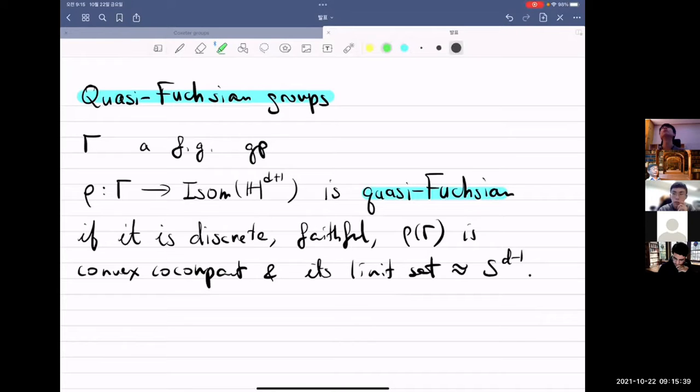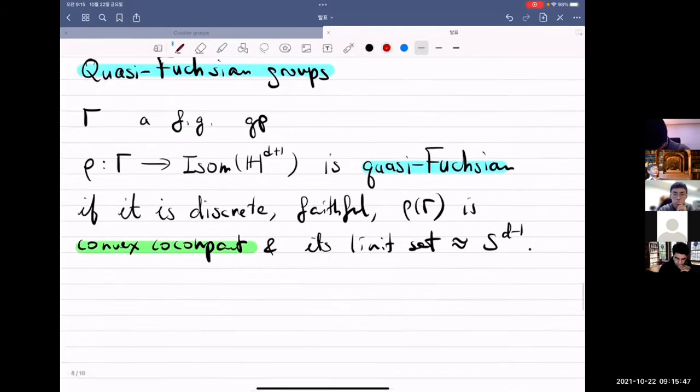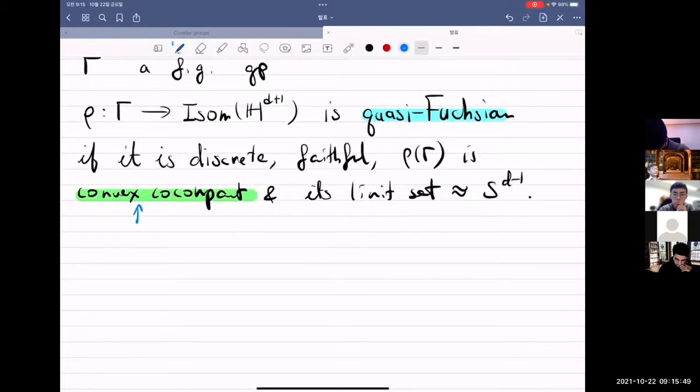Probably you already learned what convex co-compact means, but I try to remind you. You also already learned the more general concept, anosov representation, I guess, but before this general case, convex co-compactness is really the motivation. So let me give the definition in this setting. What is convex co-compact?